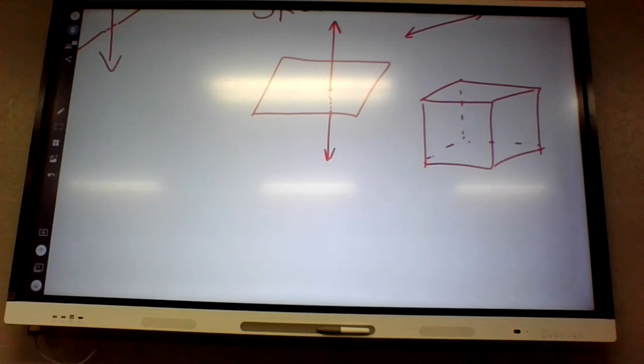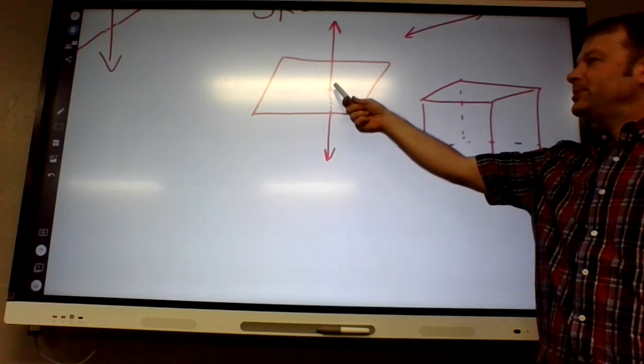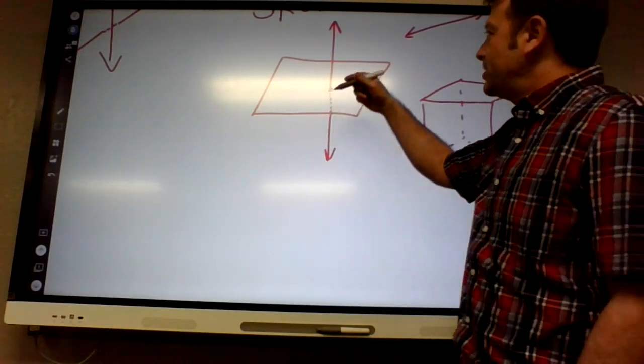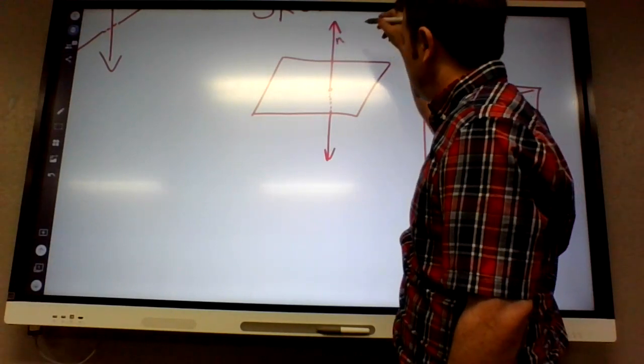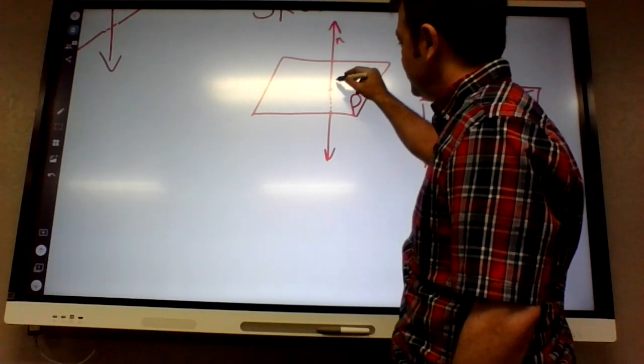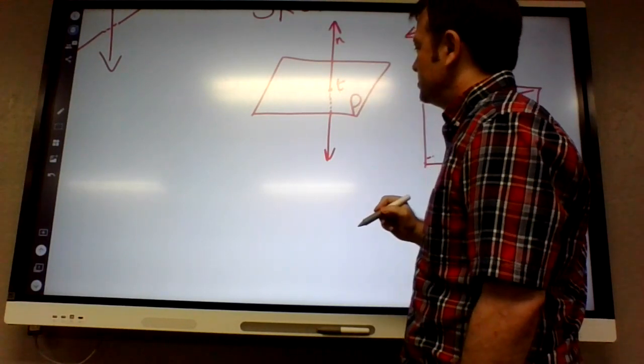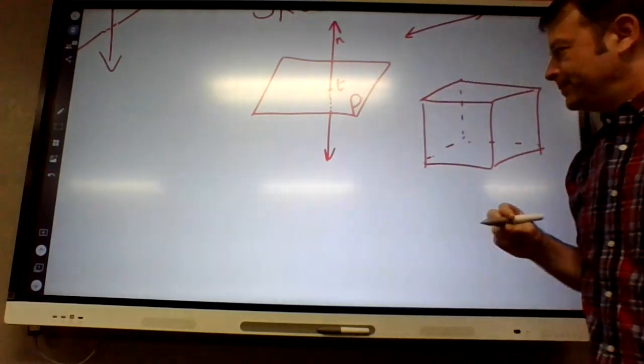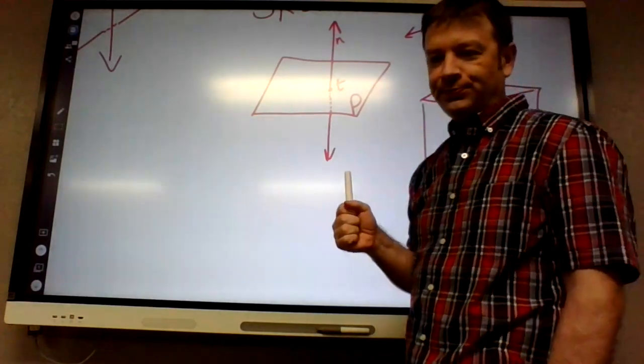The same thing with planes. That means it's going through the plane. So I could say line n intersects plane P at point T. Clear as mud?